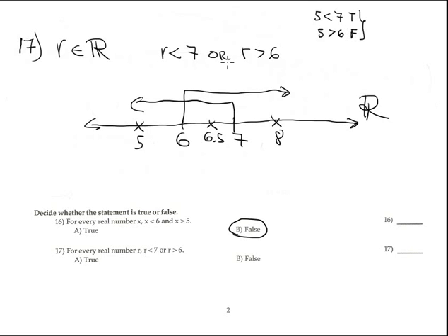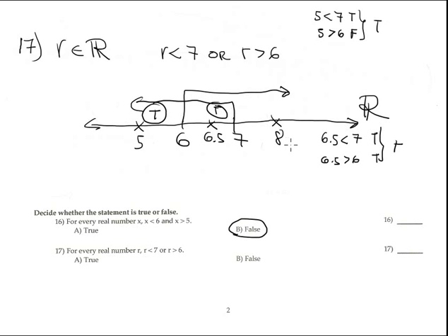But the compound connected by OR is true. So this is true. Now 6.5. 6.5 is less than 7. It's true. And 6.5 is greater than 6. It's true. True and true, of course, true.